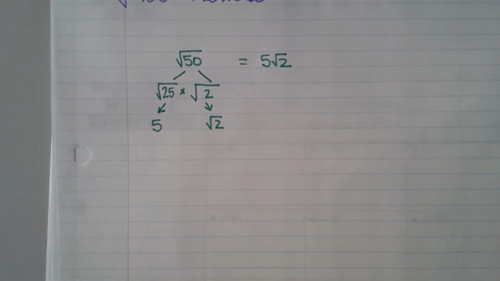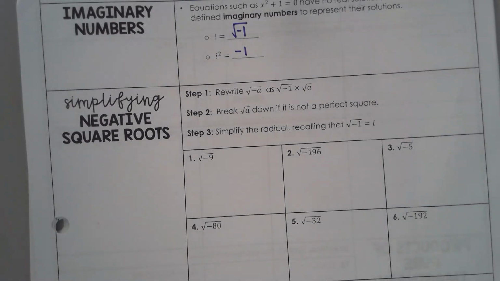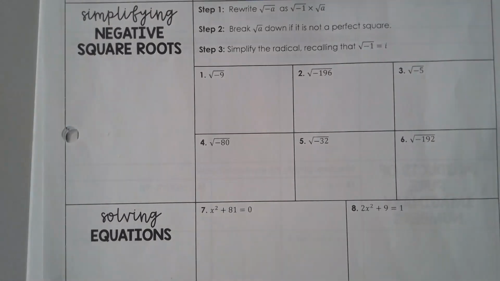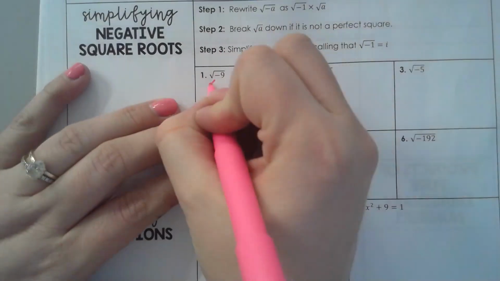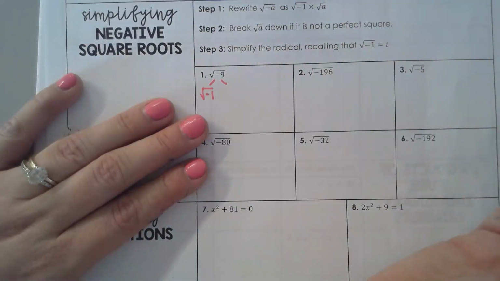We're going to be doing that same process with negative numbers. If I start with the square root of negative 9, it is not 3 and it is not negative 3. When you have a negative under the square root, we break it down, but the first time we split it, we put a negative 1 out by itself.